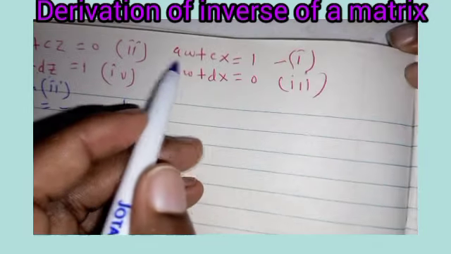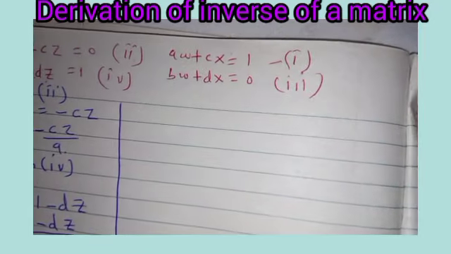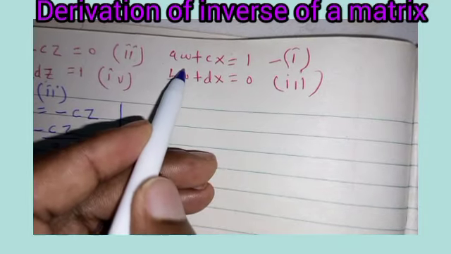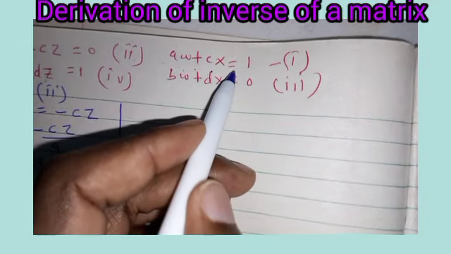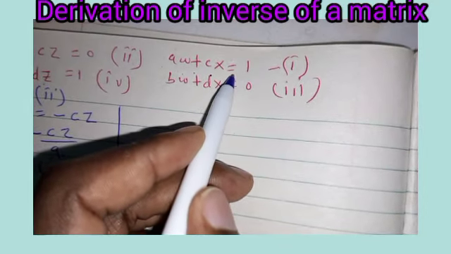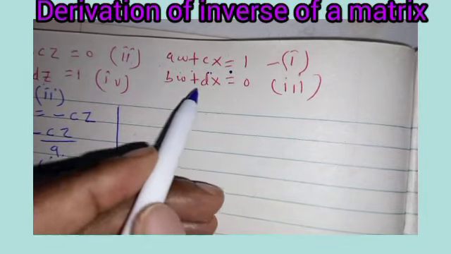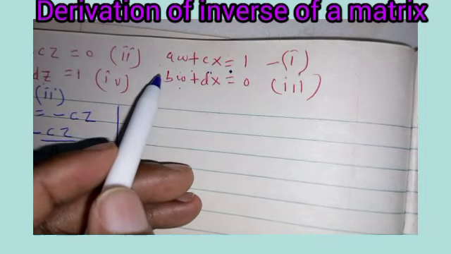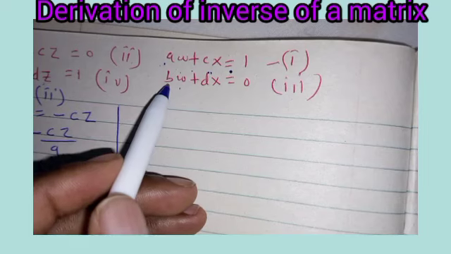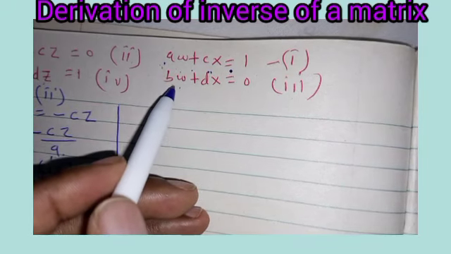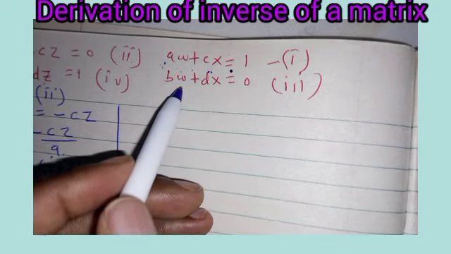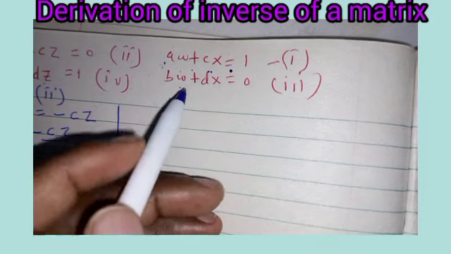So similarly, from this equation, aw plus cx is equal to 1, we can obtain the values of x and w in terms of a, b, c, and d as follows.